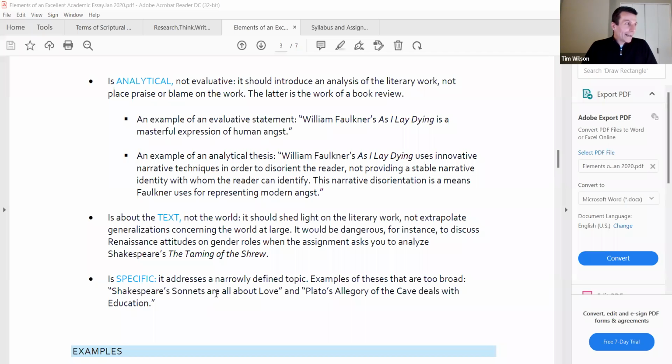I skimmed it, or I didn't read it at all. I read something on Wikipedia about it. I know no one in this class is going to do this. I'm just talking about people in my previous classes who wrote papers for me. So they're trying to fill it out with, oh, it just reminds me of Ukraine and Russia now, with war and stuff like that.